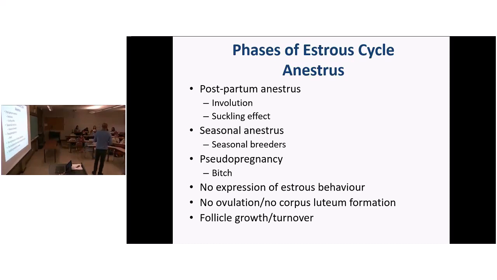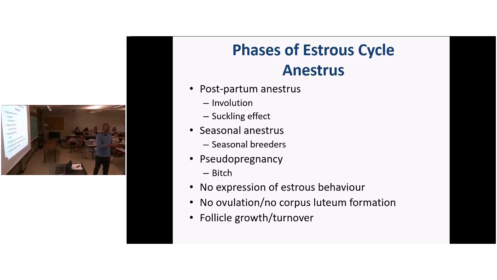In the case of seasonal animals, the most common for us in terms of seasonality is going to be dogs. They basically have one cycle every so many months, so they are able to be pregnant maybe twice a year, a little bit more, a little bit less.